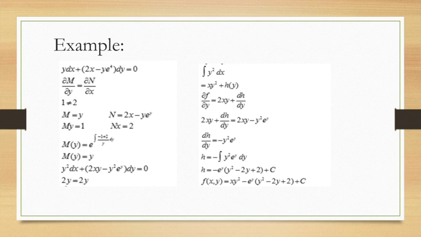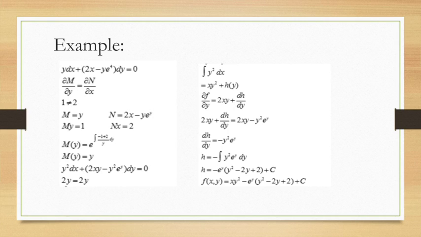Since we differentiated with respect to y, the 2xy plus dh/dy should be equal to 2xy minus y squared e to the power of y. Then dh/dy should equal minus y squared e to the power of y.